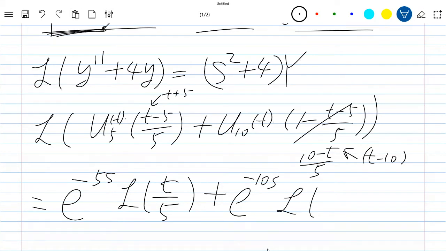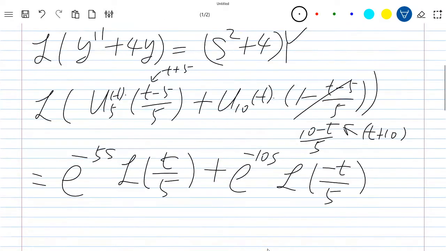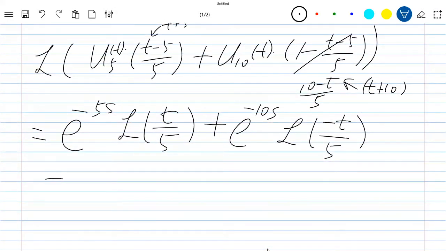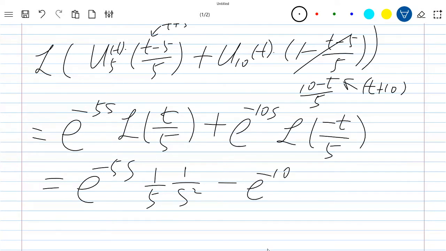Then you have 10 minus that, so the 10 cancels the 10, you have negative t over 5. Then you have e to the negative 5s, then this is 1/5, then you have 1 over s squared. Then you have negative 10s, same thing, 1 over 5, then 1 over s squared.